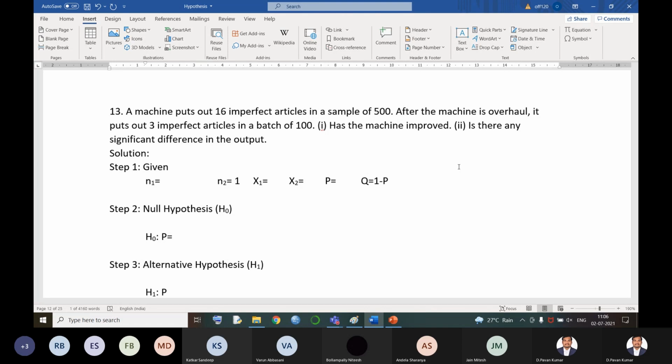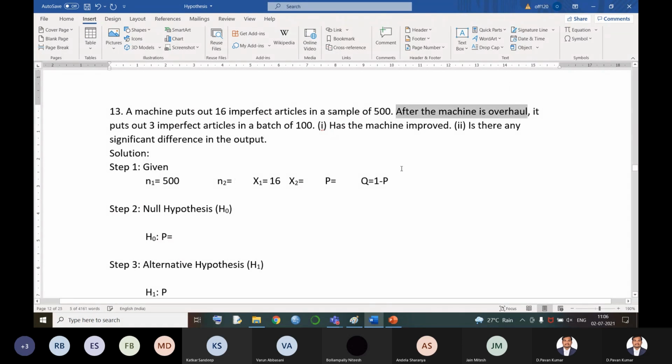What they have observed is, out of a sample of 500, how many defective items they have identified? They have identified 16 imperfect articles. After that, what did they do?